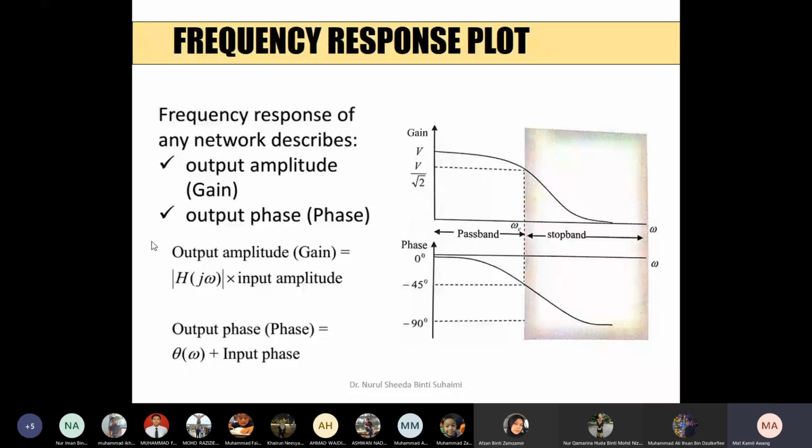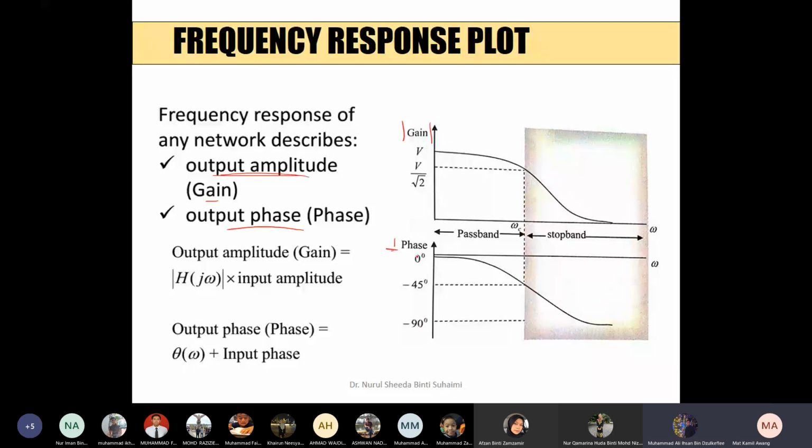So this is the magnitude and phase plot. You can see this? The response of any network is described as output amplitude, which is the gain, and output phase. So this is the gain, and this is the phase.